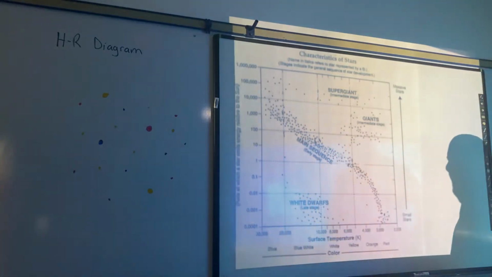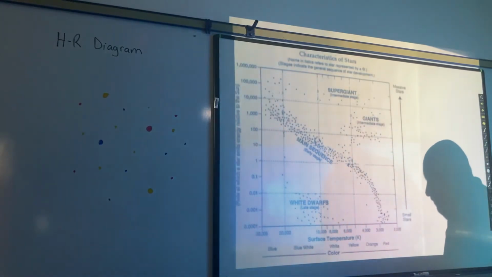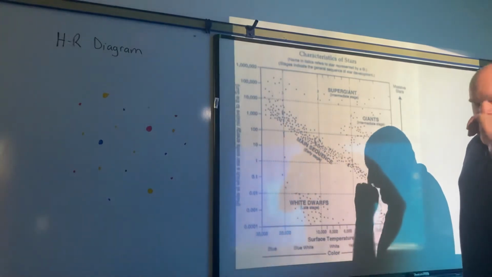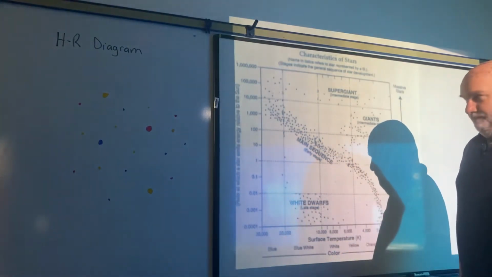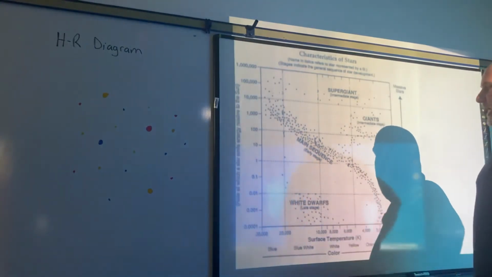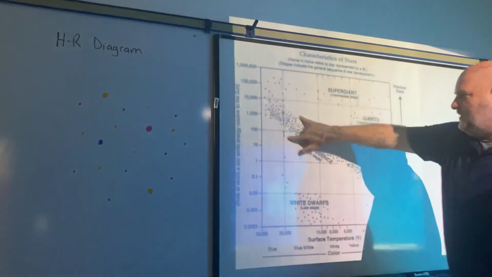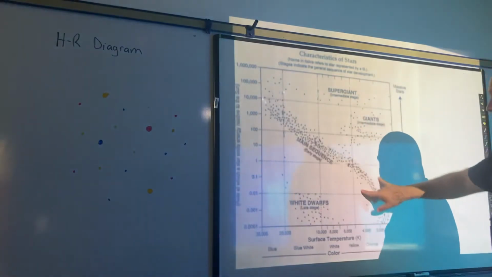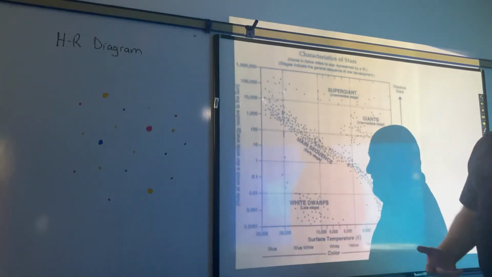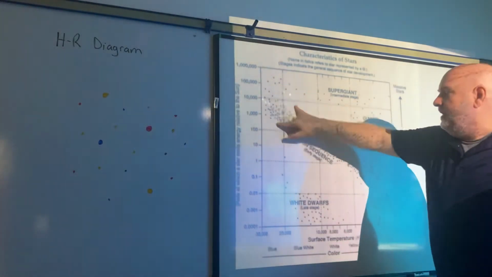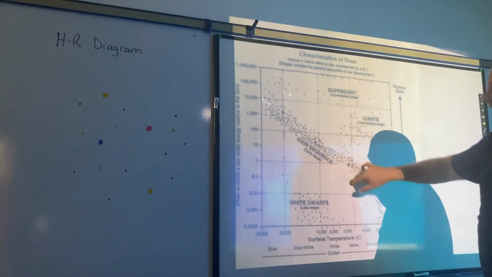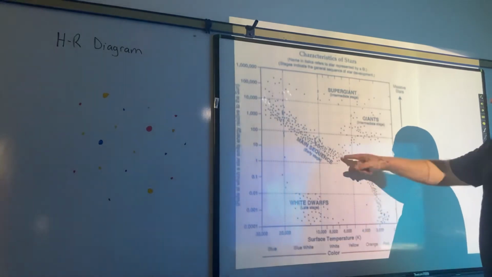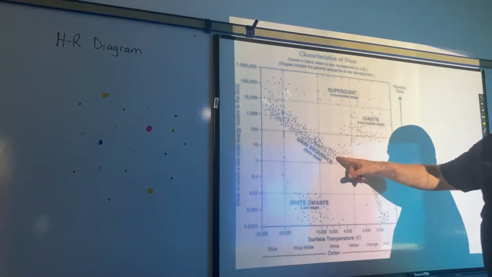All right. Now, when you take the brightness and the temperature or color of the stars, and then you plot them all on this graph, what we find is most of the stars belong in what we call the main sequence. The main sequence is the early age of a star. So this is where most stars plot, is in the main sequence. Right? Now, as time goes by, a star doesn't stay in one spot though.